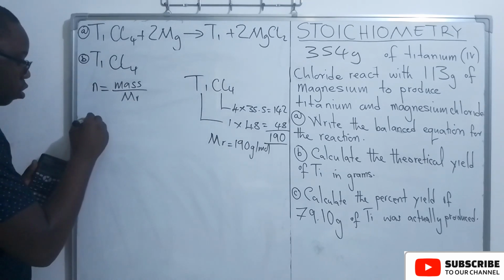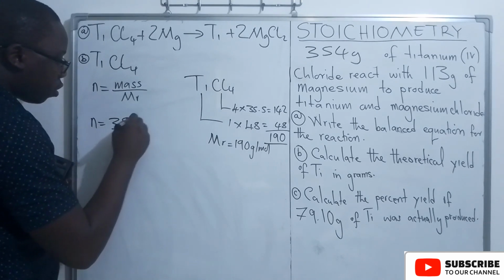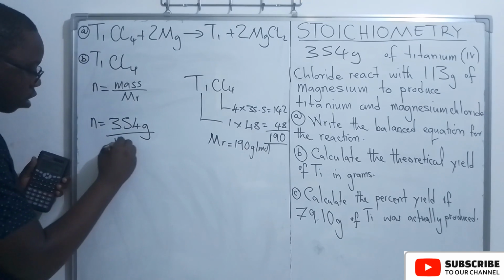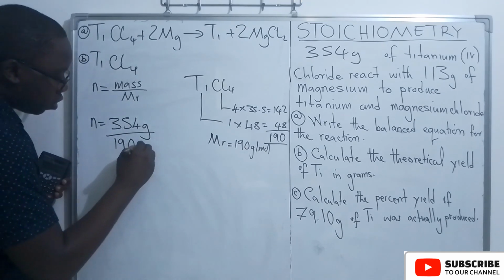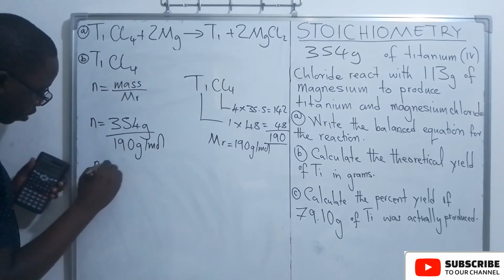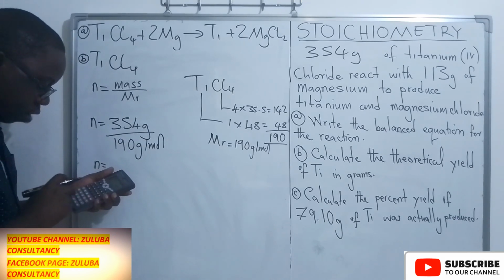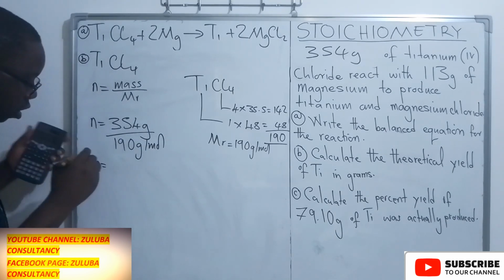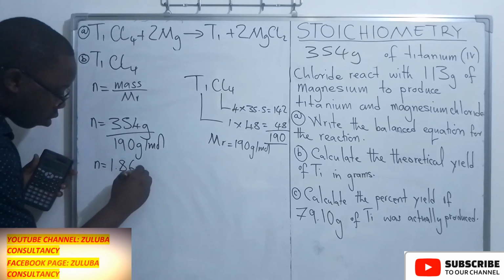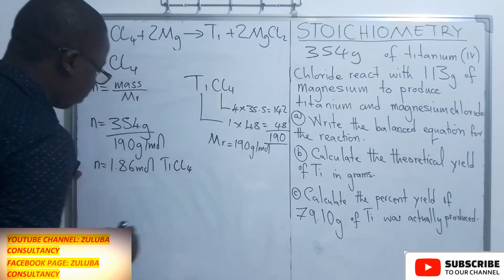Now that we have the molar mass, we can calculate the number of moles using the mass that we have. The number of moles is equal to the mass we have, 354 grams, divided by the molar mass, which is 190 grams per mole. So 354 divided by 190 gives us 1.86 moles of TiCl4.